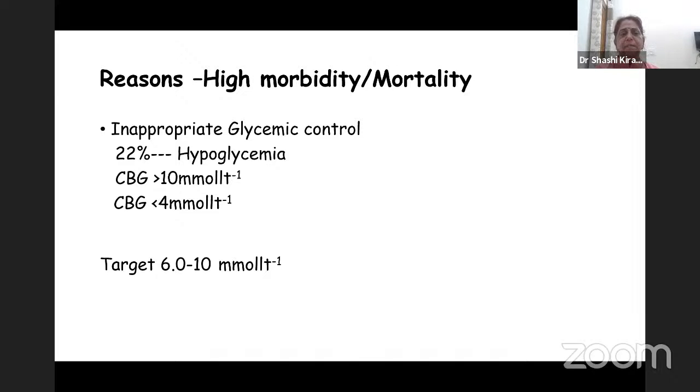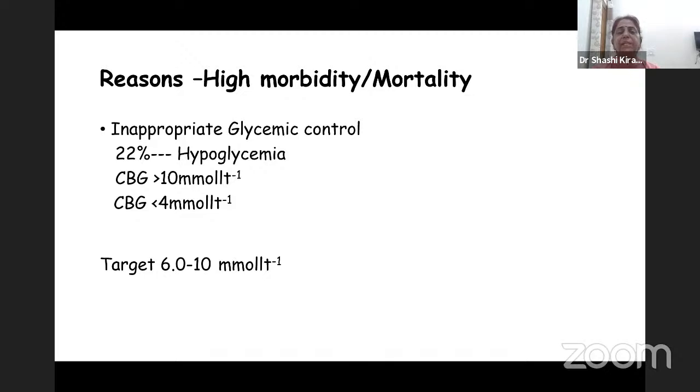It has been seen that 20% of these patients suffer hypoglycemia at any time during surgery. So the target should be to maintain glucose per liter.